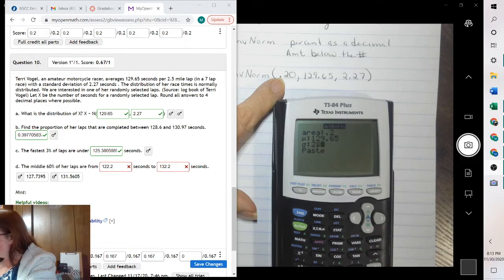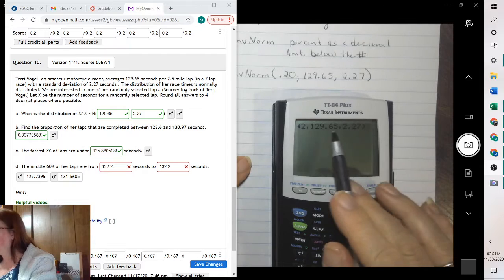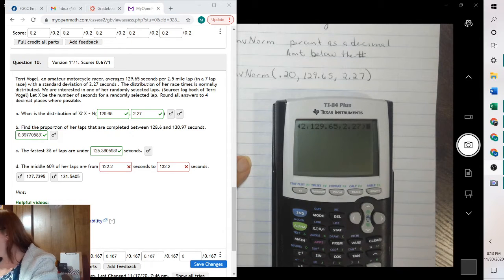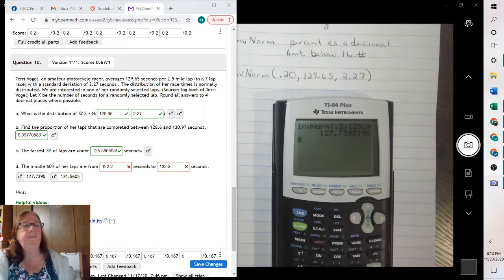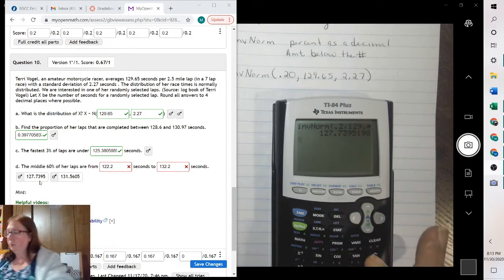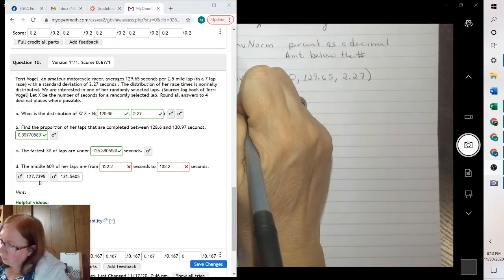And 2.27 for the standard deviation. Hit enter and it puts it into the equation. Hit enter one more time and it solves it. And that's this one here, 127.7395. So that would be our lower value.